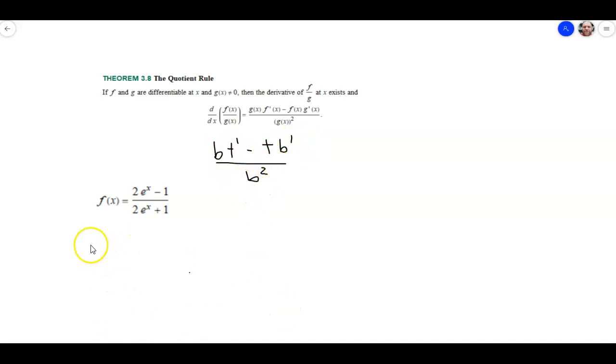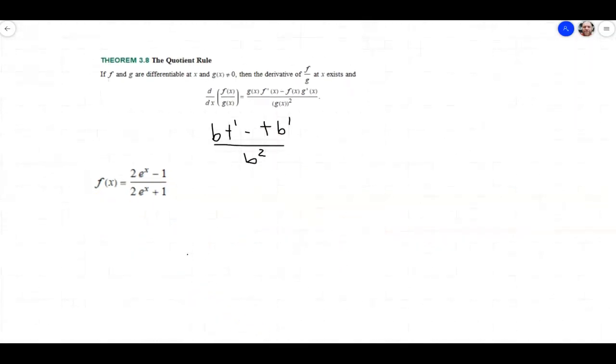All right, so let's go ahead and do this. Let's start with the top. So the top is equal to that function up here, 2e to the x minus 1. And I'm also going to have to know the derivative of that.